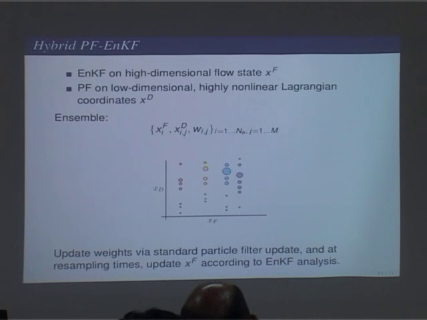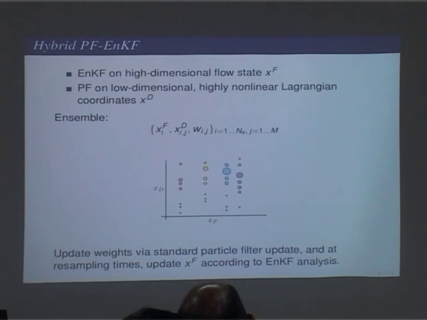So we can think about this as just a particle filter effectively where the particles are much denser in some dimensions than in others, which is in some ways natural to this problem, because that's where it's nonlinear and low dimensional, so that's where we'd like to really sample.